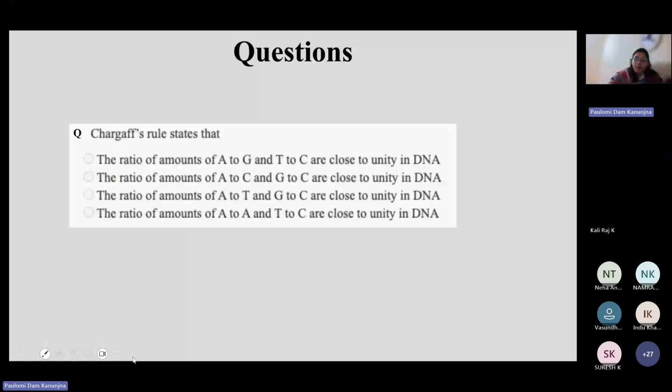So when you are doing DNA as genetic material, remember these rules, Chargaff's rules, and there are certain sets of rules that are there. Out of these options, which one would you guess?